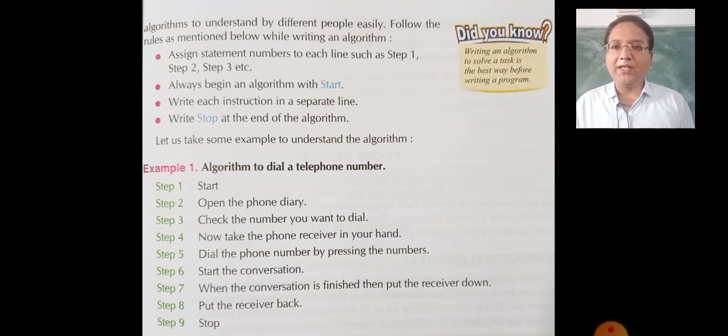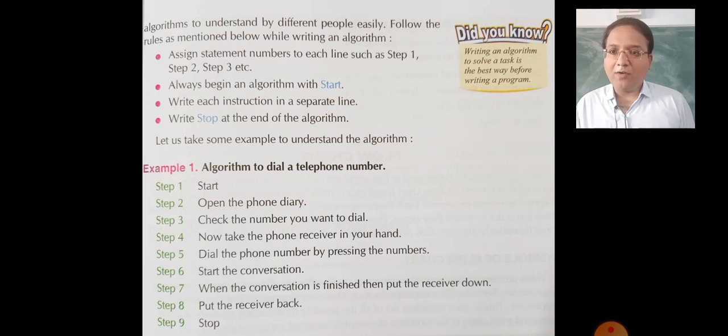Let us take some examples to understand the algorithm. Example 1, algorithm to dial a telephone number. Step 1, start. Step 2, open the phone diary. Step 3, check the number you want to dial.